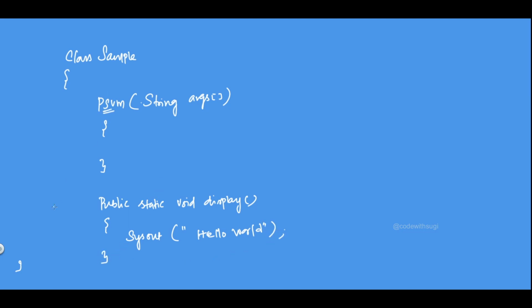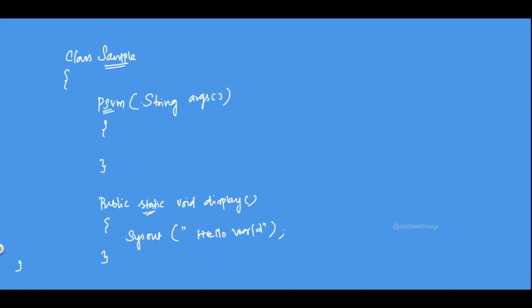Okay, this main method is having a static and this method is also having a static. So it's compatible, right? So within the static you can easily call the static method. And how we have to call this method? So normally if it is not a static method, we used to create object for the sample class, then we will use that object and then we will call that method.